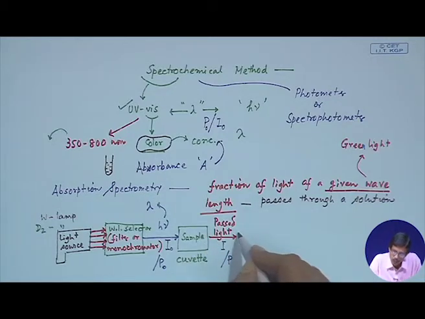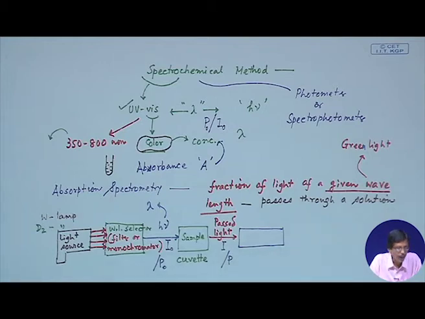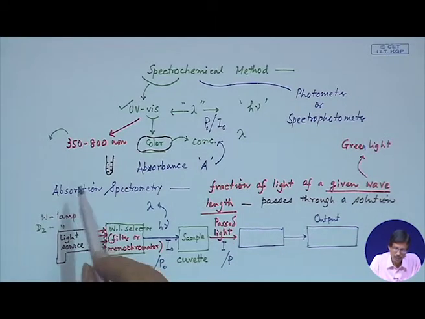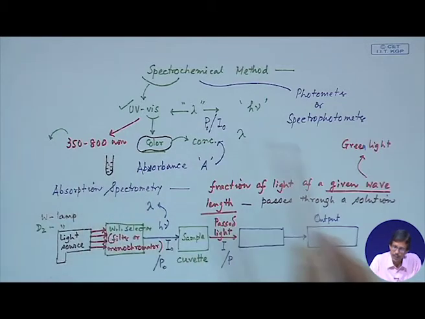What we can do next is a very simple process: some electronics will be available such that we get a corresponding output. The basic idea is how we get the corresponding plot with respect to the different wavelengths, that means 350 to 800 nanometer, the whole range.